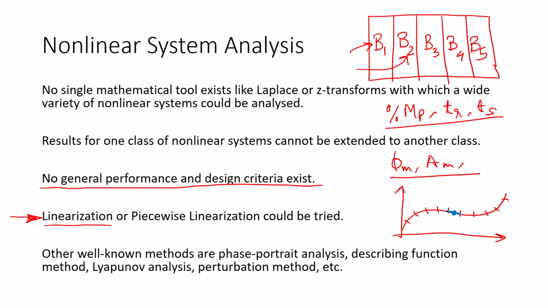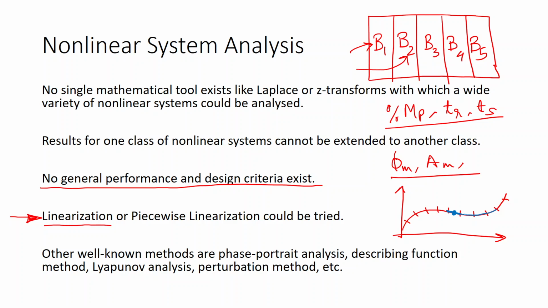In this region the linearization would work. It would be giving the same behavior as the nonlinear system would give in this same region. However, if we change the region, to this one or even the next region, the same linearization will not work. In that case, what we do is piecewise linearization.